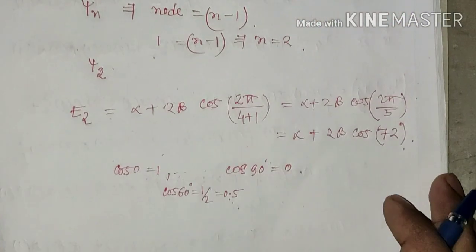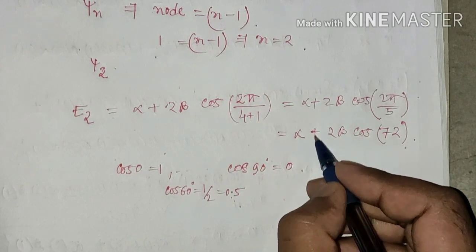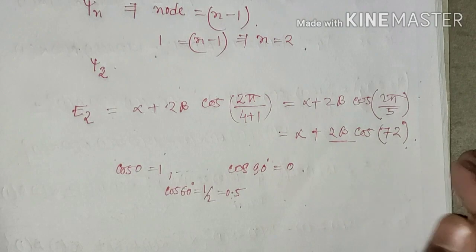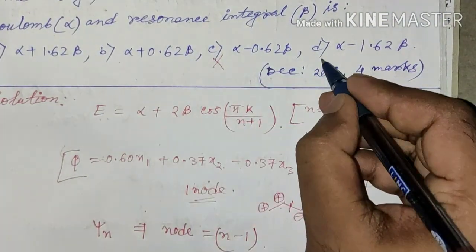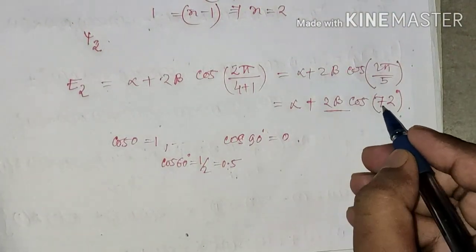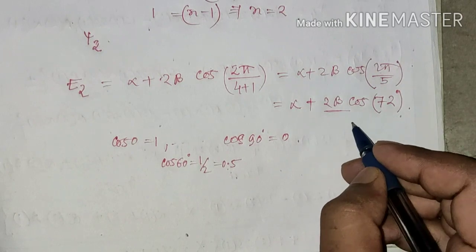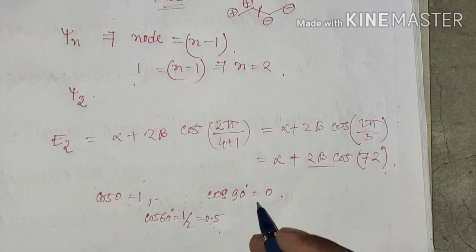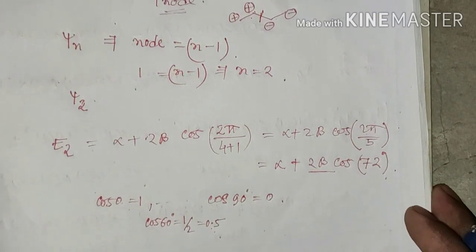We know that the value is alpha plus some factor multiplied with beta. That means option C and option D will be cancelled out, since the value of cos 72 will be positive, as cos 0 to cos 90 values range within positive values.